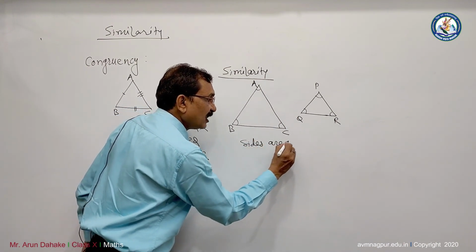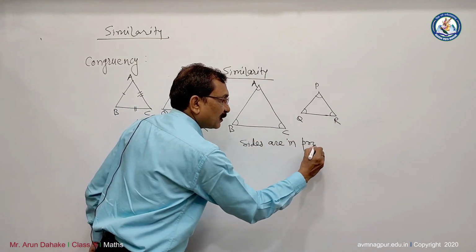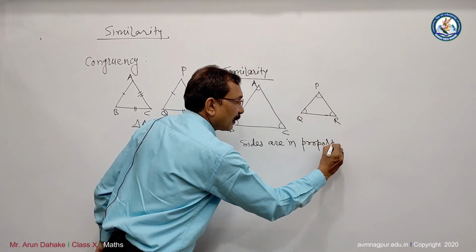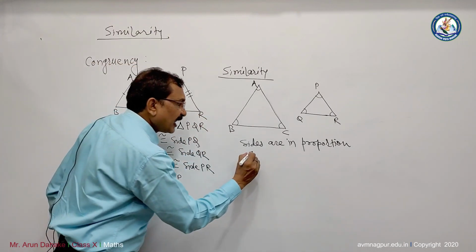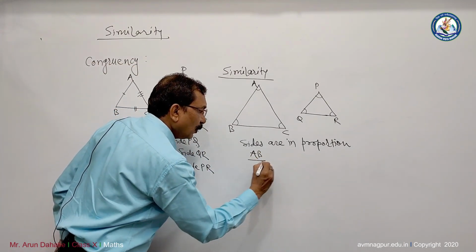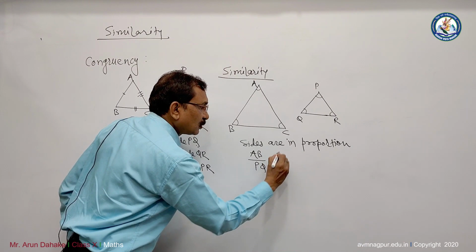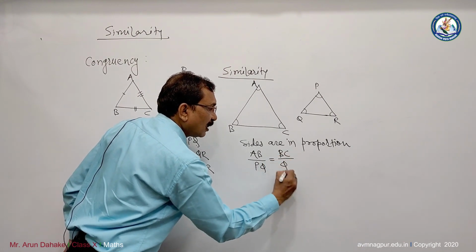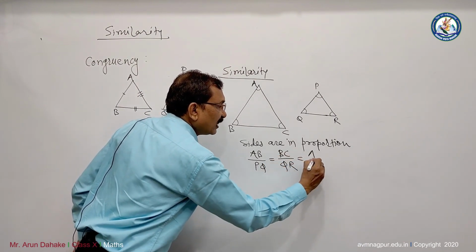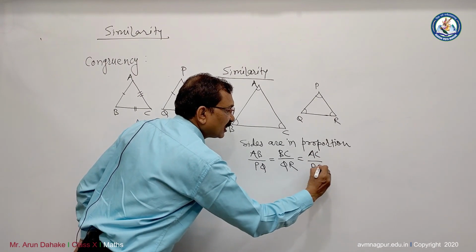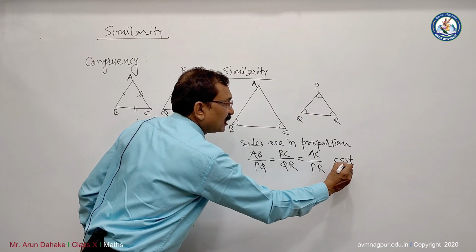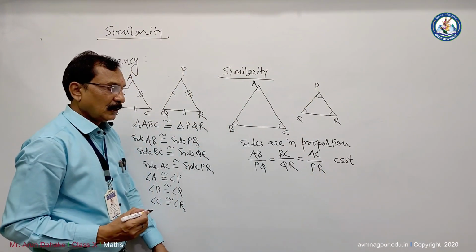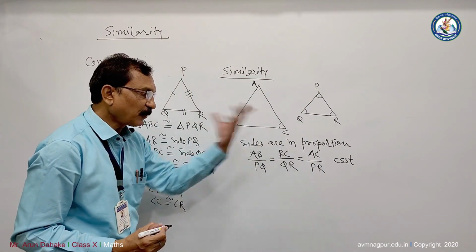This is a very important term, proportion. That means AB upon PQ is equal to BC upon QR is equal to AC upon PR. That is called CSST, corresponding sides of similar triangles.